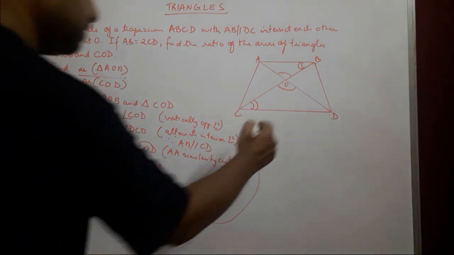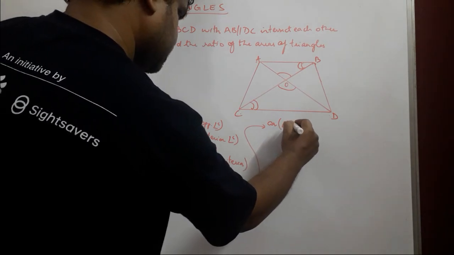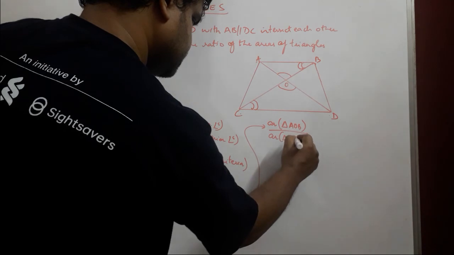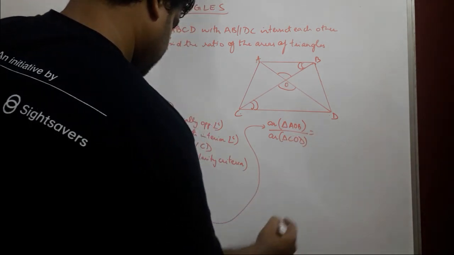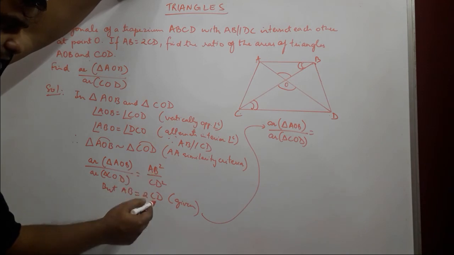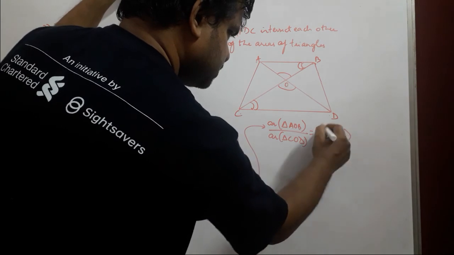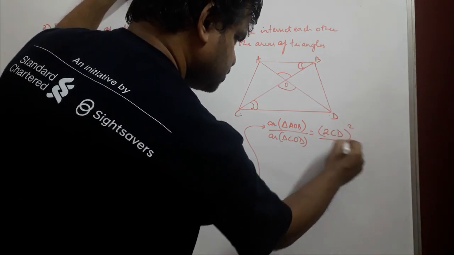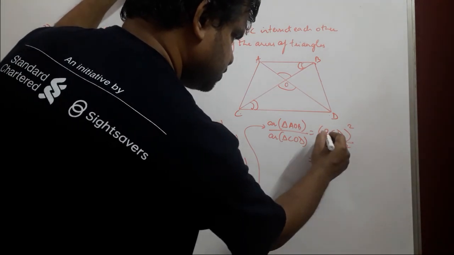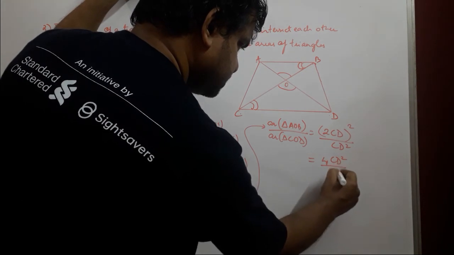We can say that area of triangle AOB upon area of triangle COD can be written as, so instead of AB, I'll replace it with 2 times CD. I put it 2 CD, and because it was in square, it will be raised to square upon CD square. This will become 2 square is 4, and this will be CD square upon CD square.